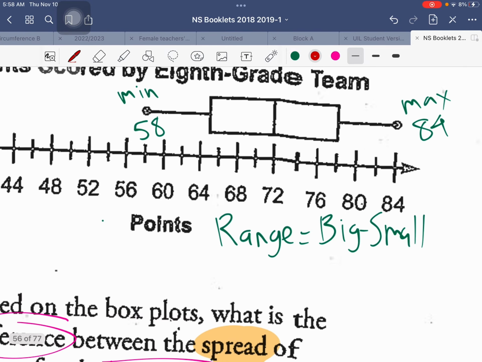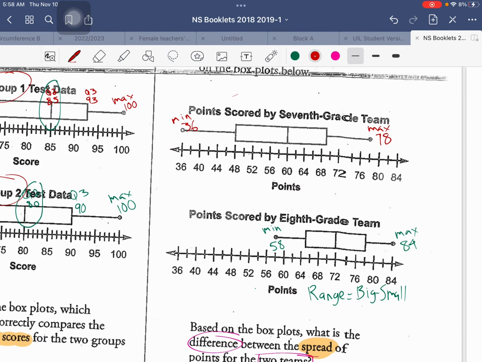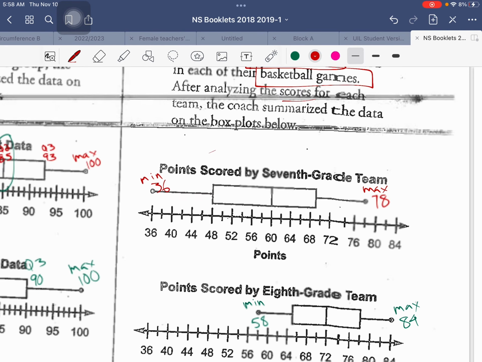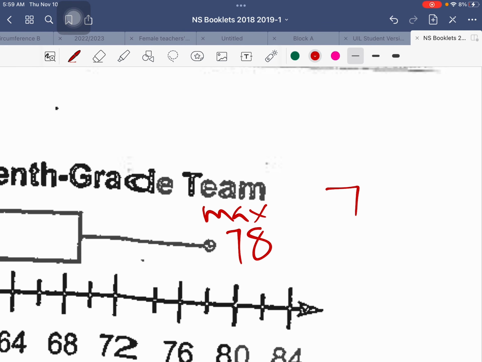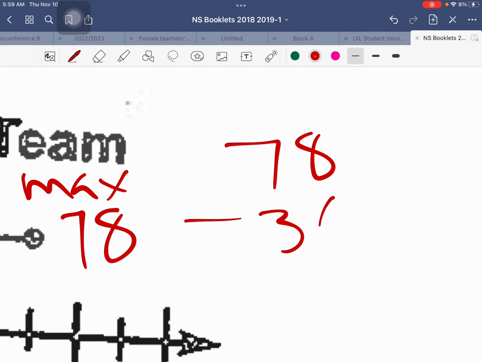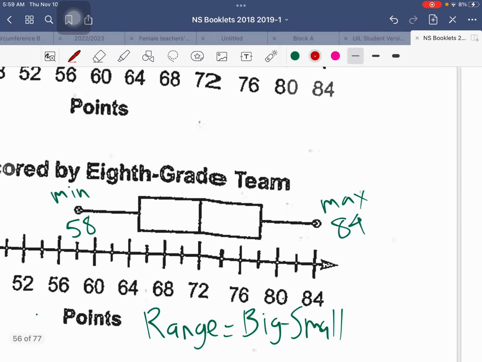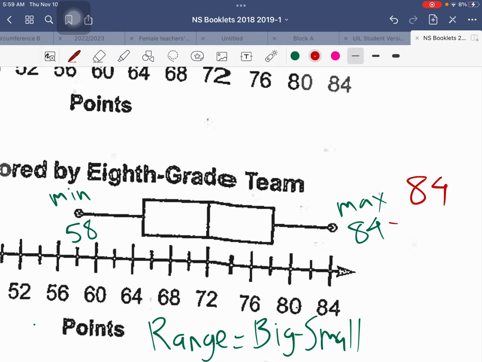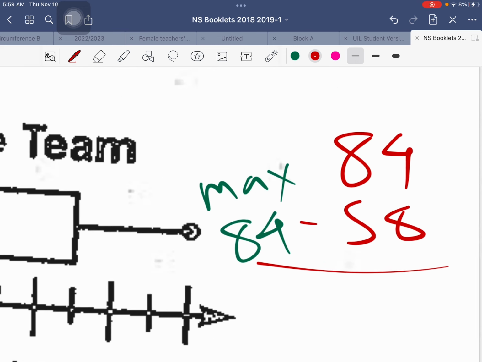So, that means subtracting them and seeing how far they spread. 78 minus 36. 8 minus 6 is 2. And 7 minus 3, 4. Ahora, 84 minus 58. Vámonos.